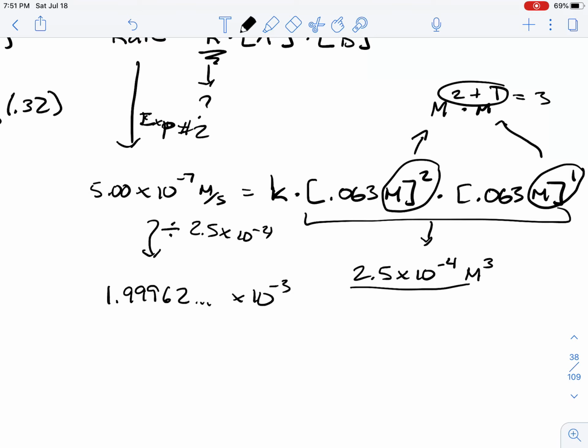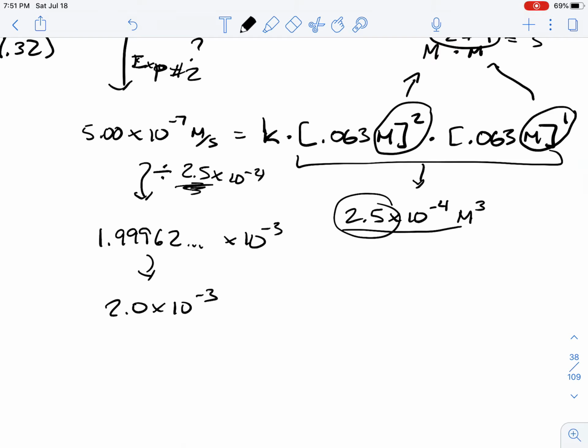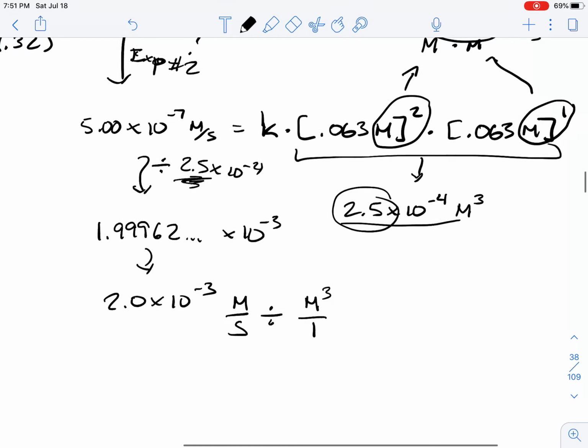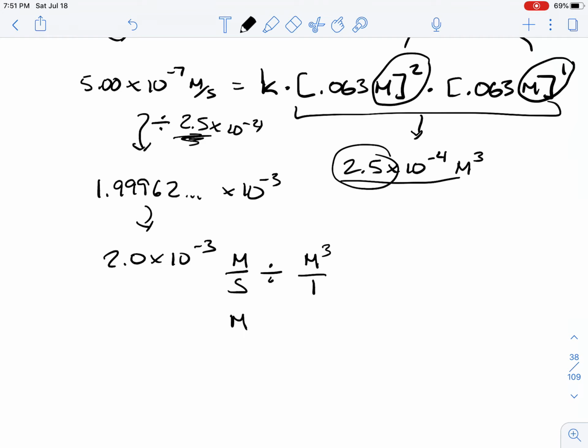And so since I have 2 sig figs and I'm performing division, and 2 sig figs is the least, I can go ahead and round this to 2.0 times 10 to the negative 3. Now in terms of units, remember that this is molarity per second divided by molarity to the third over 1. So I can keep, change, flip, so that's going to be molarity over second times 1 over molarity to the third.